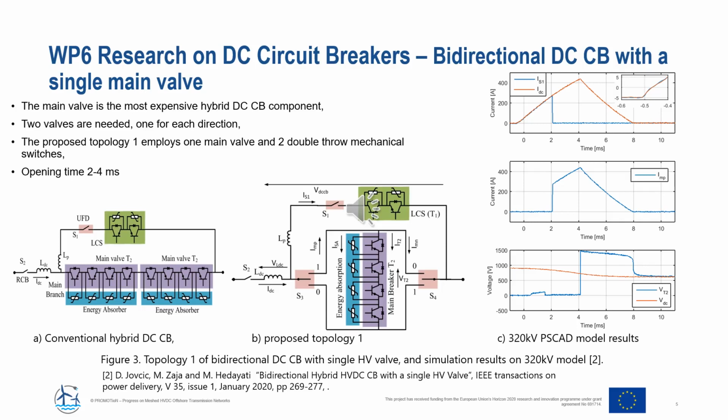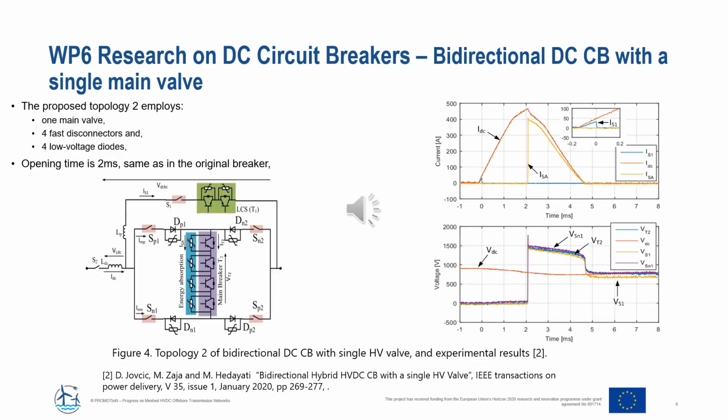Here we have one high voltage valve, and there are additionally 2 double throw mechanical switches. The opening time of this concept is either 2 milliseconds or 4 milliseconds, depending on the original configuration of the switches. On the right-hand side, we can see verification of the concept on a 320 kilovolt 16 kiloampere PSCAD model.